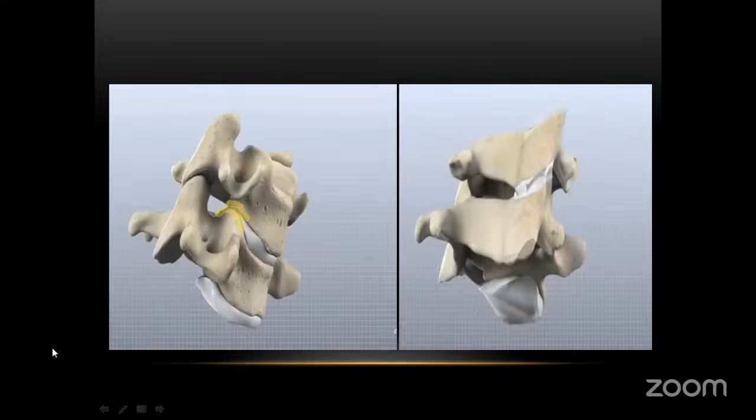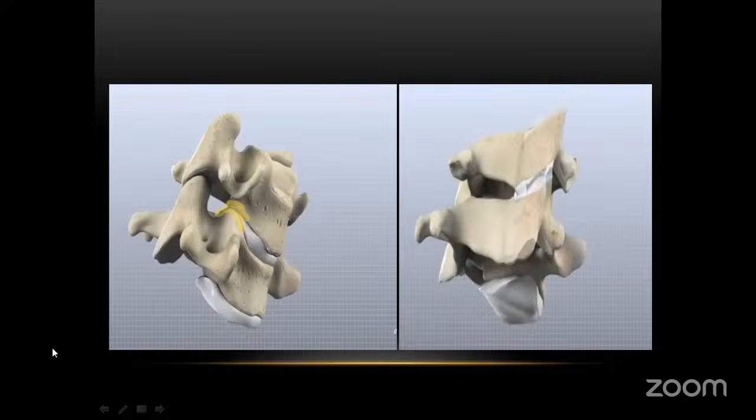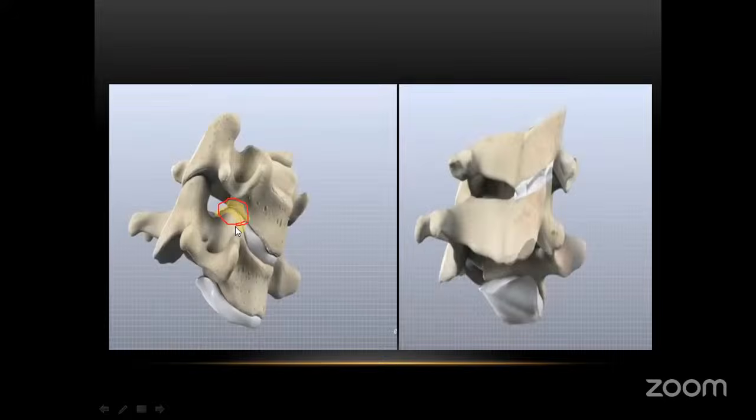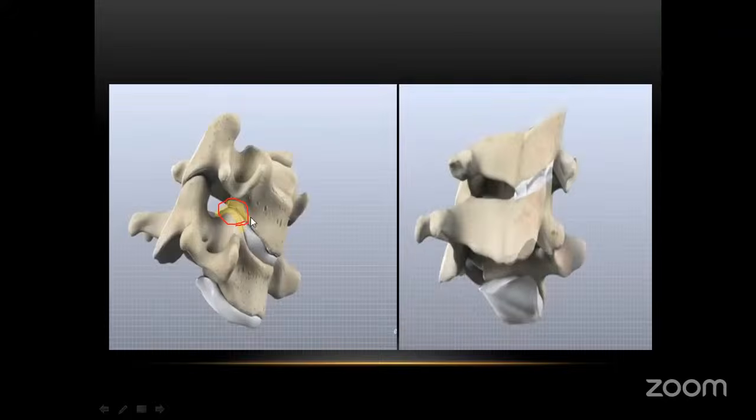Yes, we should stop here. Okay. Anything else? What is the physiological importance of this joint? Sorry, sir, I don't know.